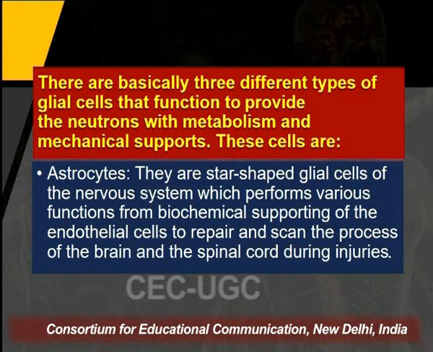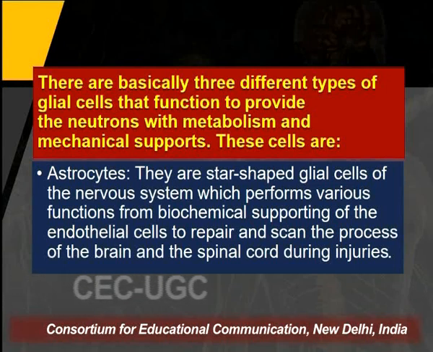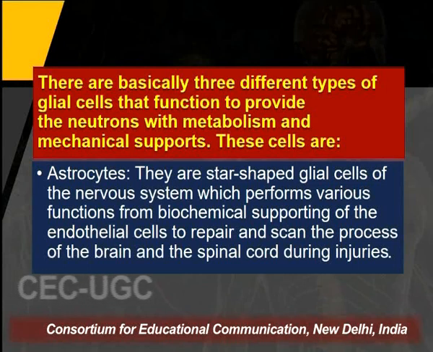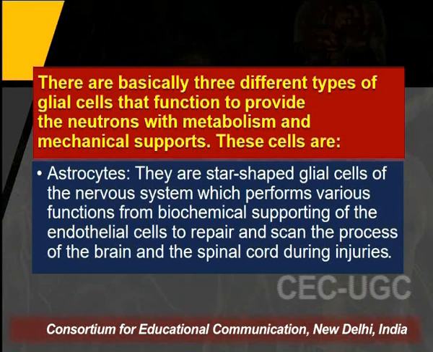These cells are astrocytes, the first one, and they are star-shaped glial cells of the nervous system, which perform various functions from biochemical support of the endothelial cells to repair and scarring processes of the brain and the spinal cord during injuries.